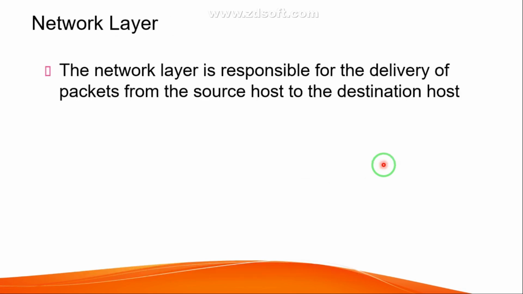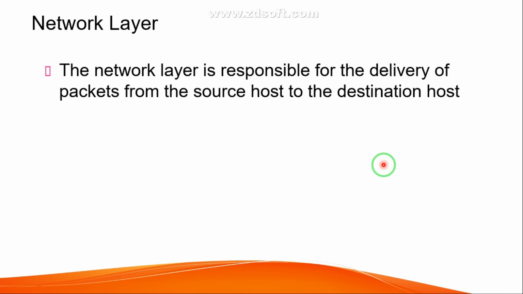Now, the next layer is called the network layer. The network layer is responsible for the delivery of packets from the source host to the destination host. Now, this layer is not looking for hop to hop delivery. It is going to see directly from source to end delivery.